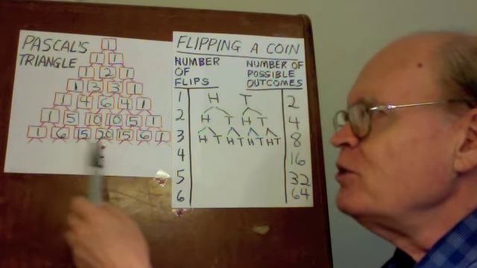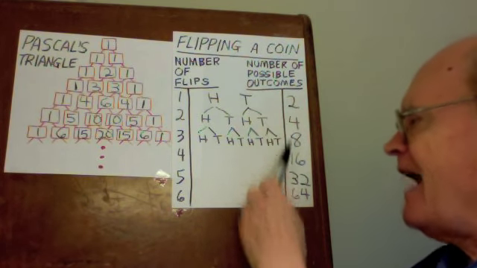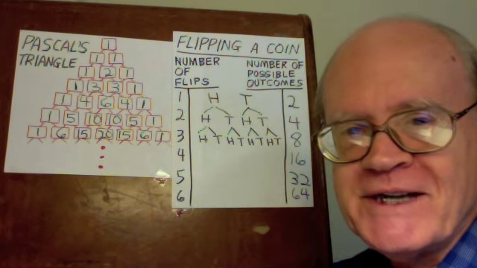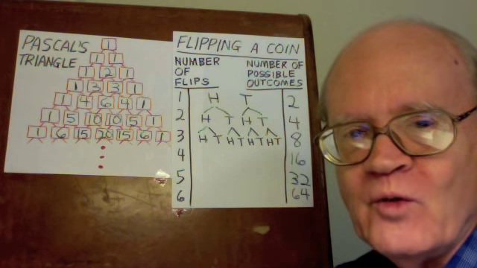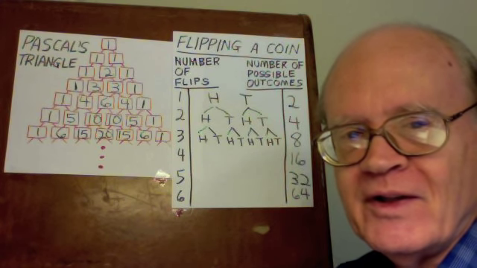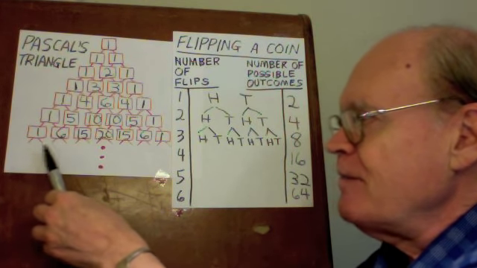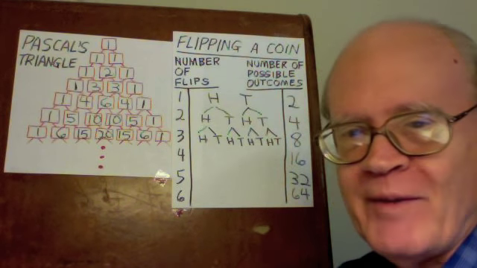What can you do to numbers in Pascal's triangle to get that list? If you can see that and also describe in your own words what relationship or relationships you see between Pascal's triangle and flipping a coin, I'd like to know about it.